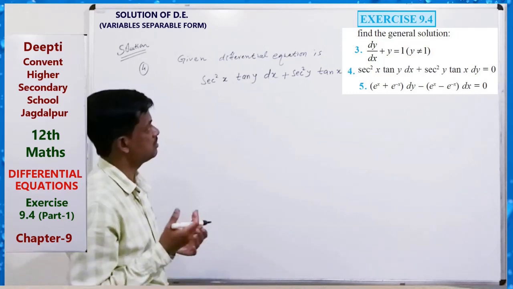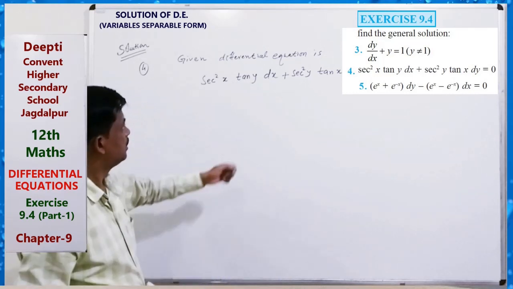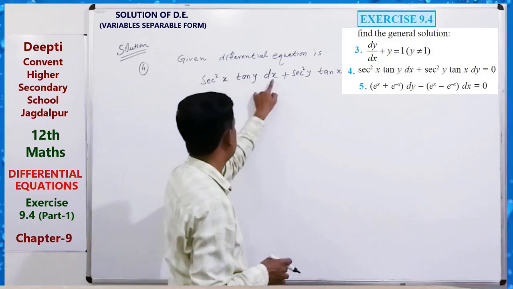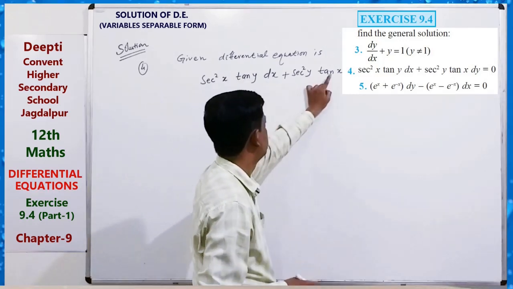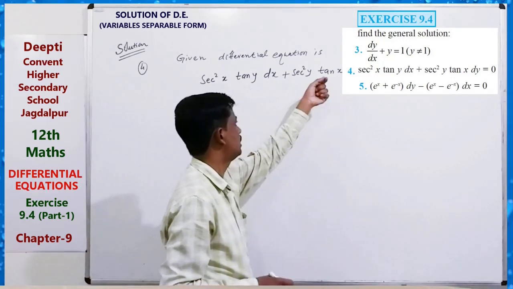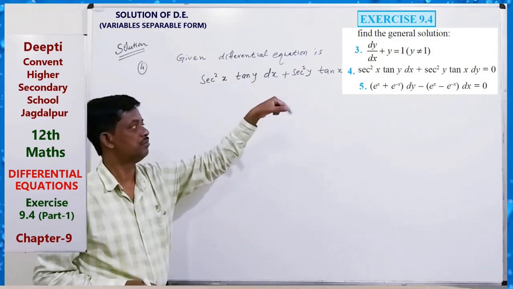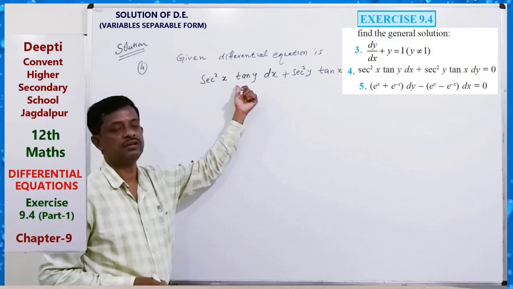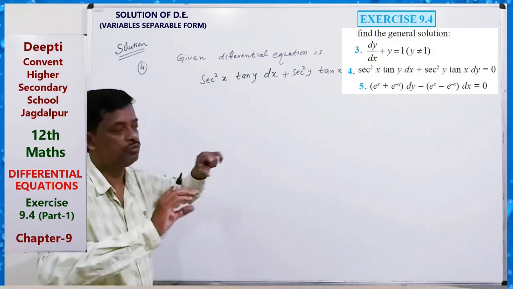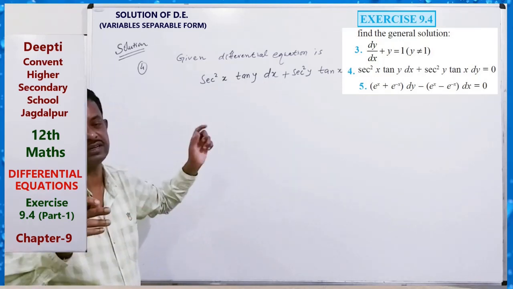So here we see tan x tan y, so we divide the whole thing by tan x and tan y.